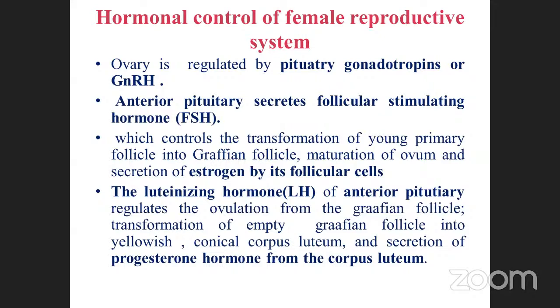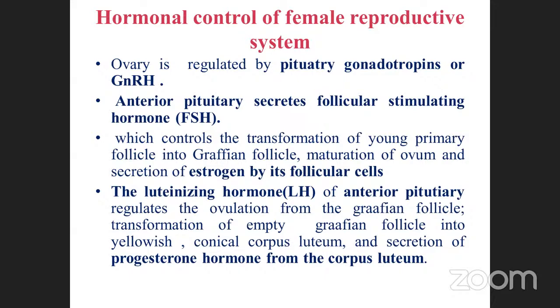Already we saw it in the previous slides, isn't it? The luteinizing hormone of the anterior pituitary regulates ovulation from the Graafian follicle, transformation of the empty Graafian follicle into the corpus luteum, and the secretion of the hormone progesterone from the corpus luteum.